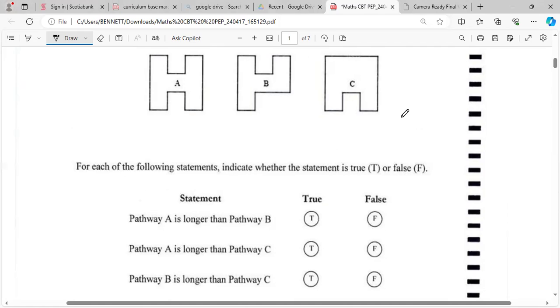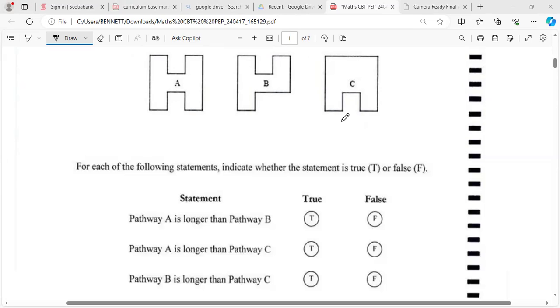But do we understand this question, guys? What is it saying? Yes, sir. What is it saying, Abby? Sir, it's basically just asking you to write true or false, whether you think pathway A is longer than pathway B when you observe the diagrams.